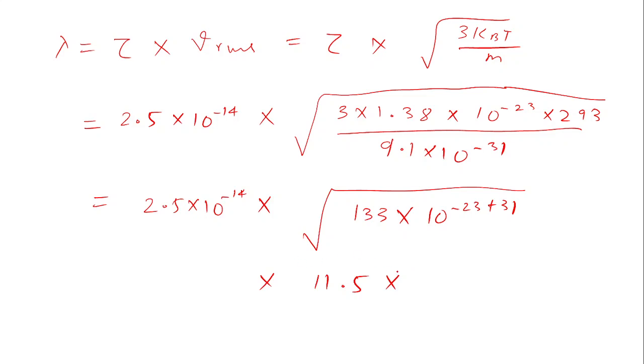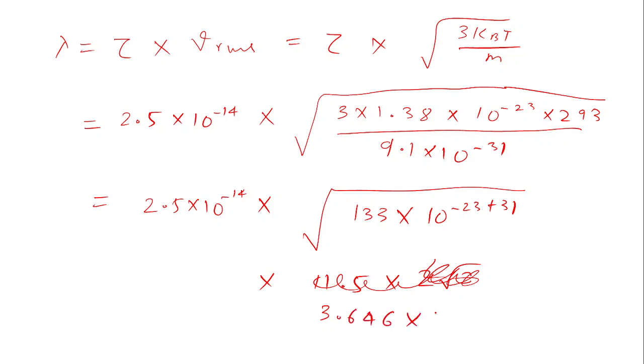Sorry, sorry, 10 to the power 8, we need to make it 10 to the power 9. It's 13.3. Square root of 13.3 will be 3.646.